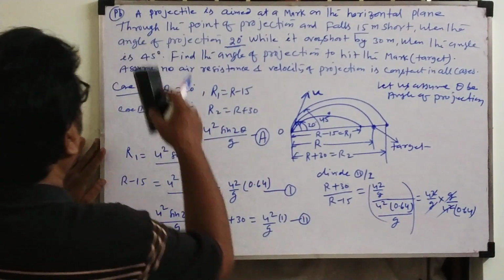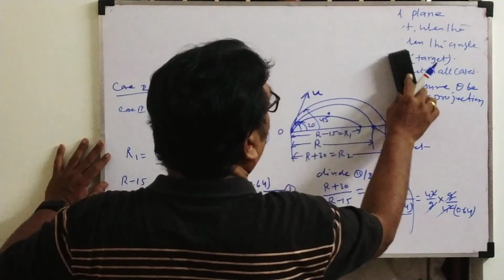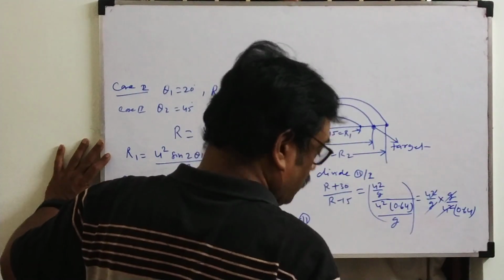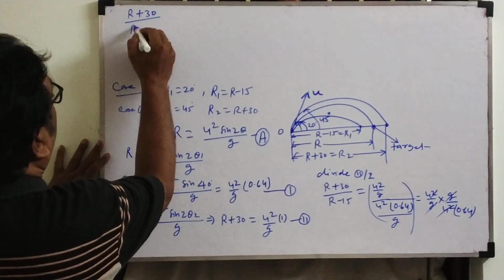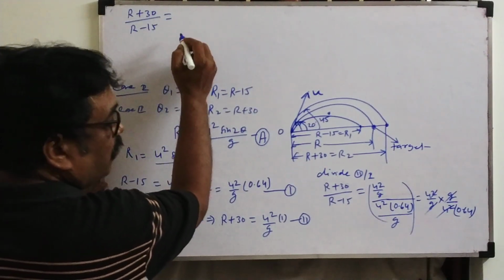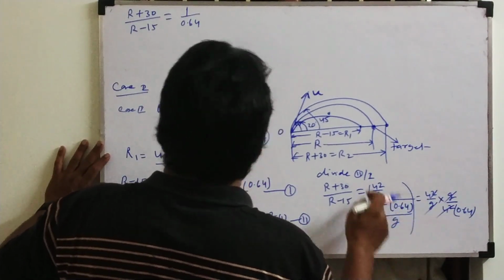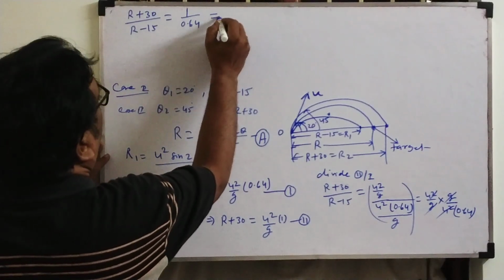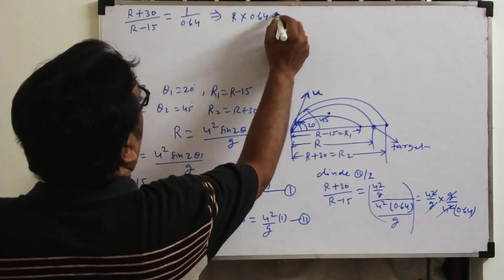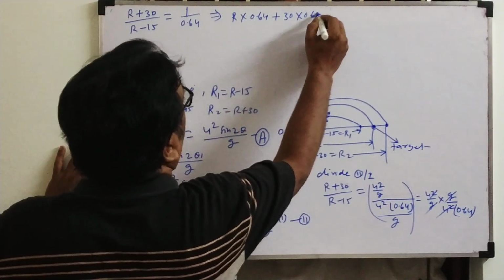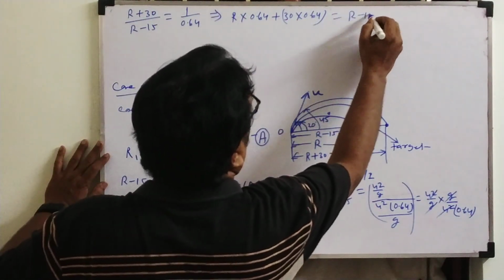Now I will rub out what I wrote, and we'll solve the question. R plus 30 over R minus 15 is equal to 1 by 0.64. Now we'll do cross multiplication. R into 0.64 plus 30 into 0.64 is equal to 1 into R minus 15, so R minus 15 itself.